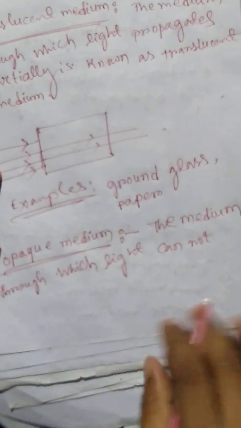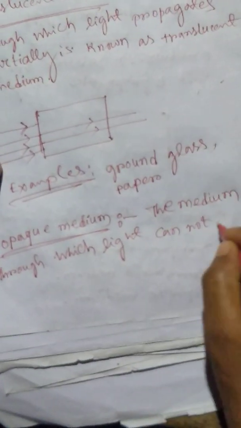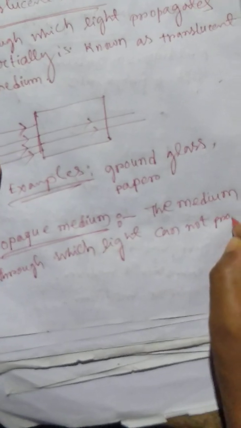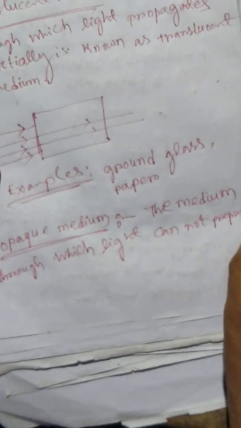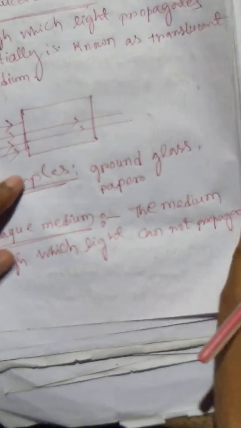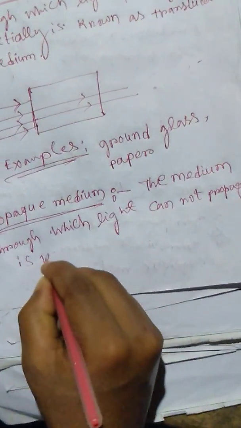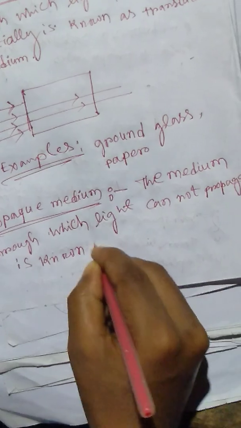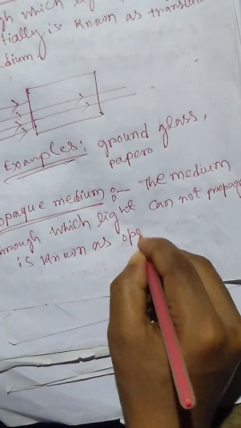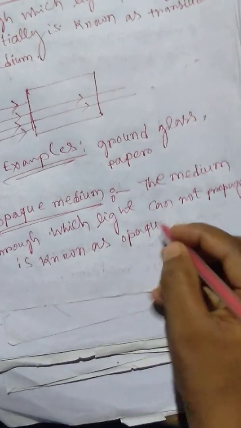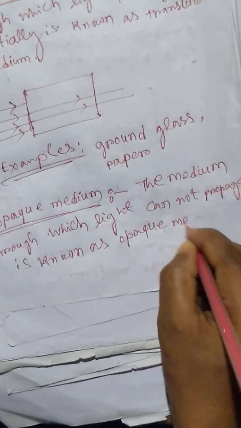The medium through which light cannot propagate is known as opaque medium.